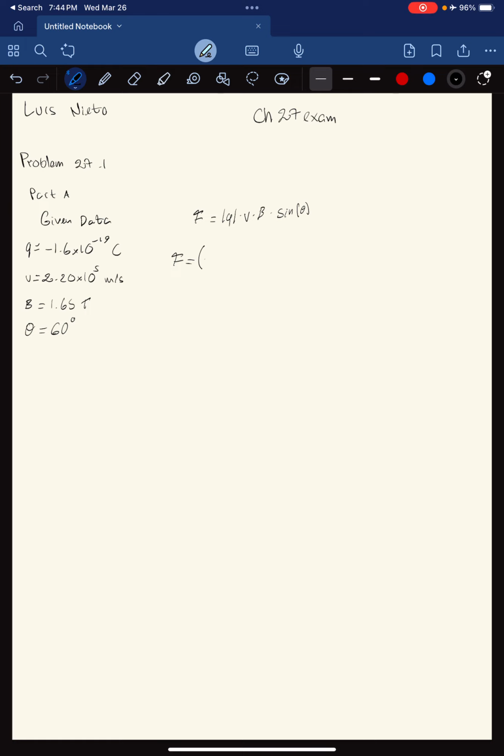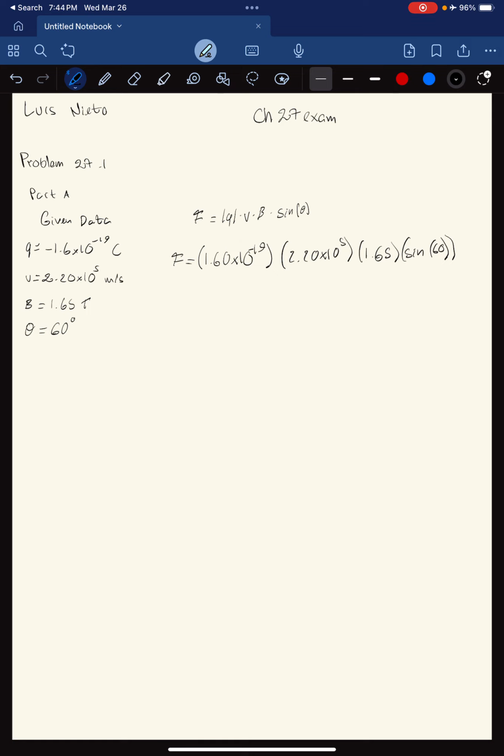So we have the absolute charge, 1.60 times 10 to the negative 19 coulombs. Then we have the velocity, 2.20 times 10 to the 5, times 1.65 Teslas, and then we multiply by the sine of 60.